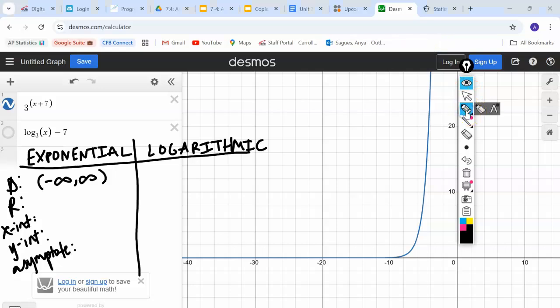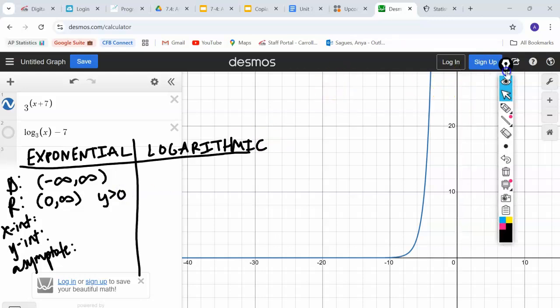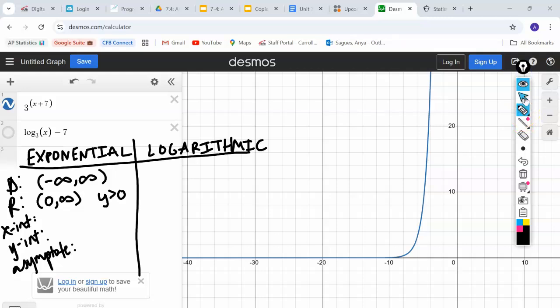So I can write 0 to infinity. You could also write y is greater than 0. That's an option, right? For my x-intercept, well, my graph does not cross my x-axis, so it does not have an x-intercept.